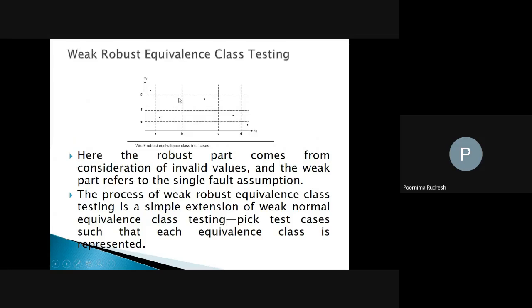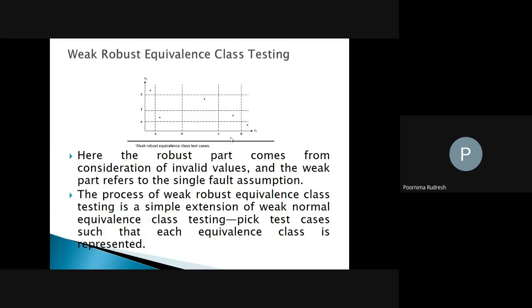So for the robust testing we are considering the invalid values, and for the weak testing we are considering the single fault assumption values. These three which reside within the range, this value and this value, belong to the weak equivalence class testing, whereas these two values are invalid values, and we are taking them for the robustness testing.